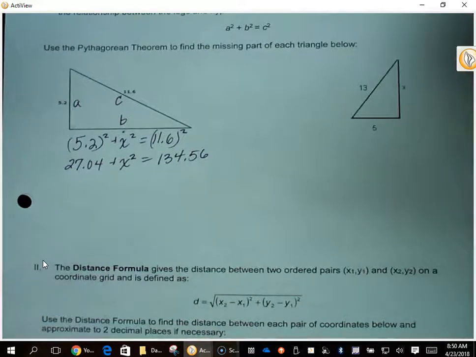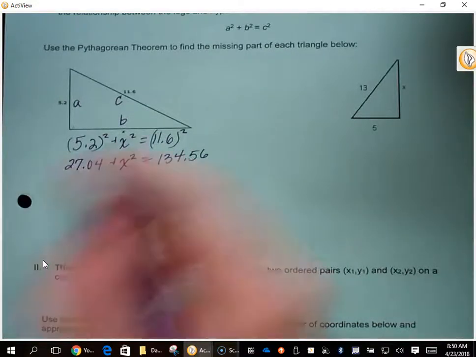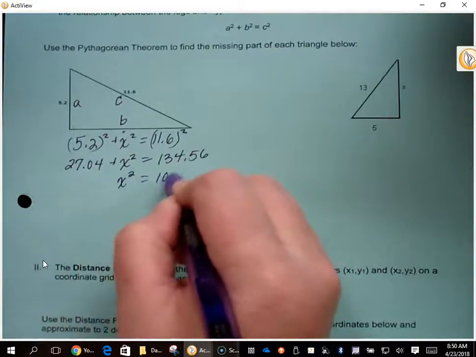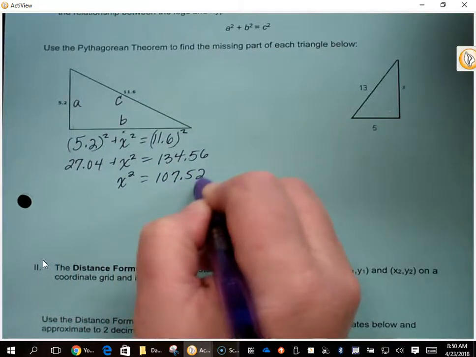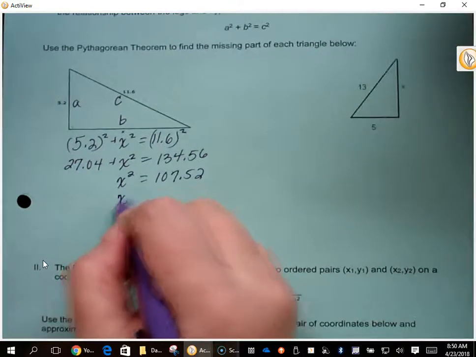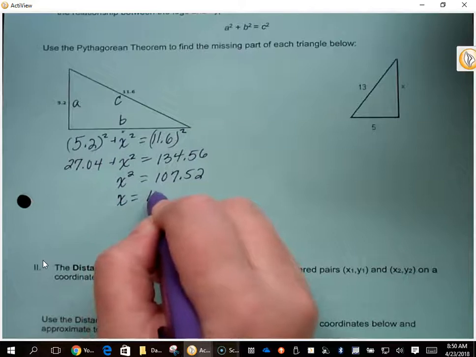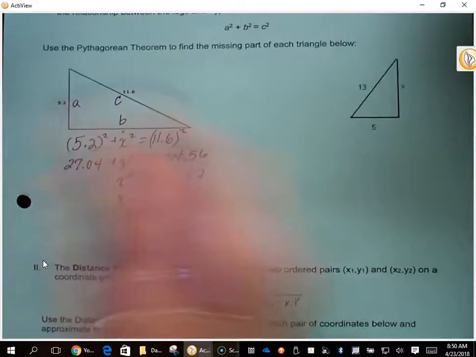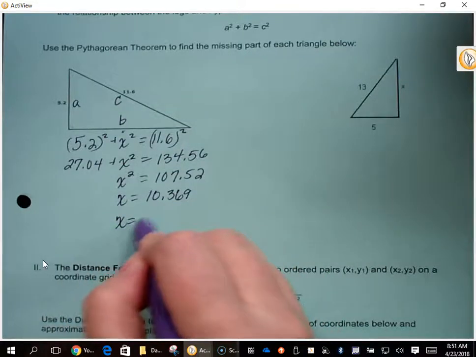So I'm going to subtract 27.04 from 134.56. So x squared is 107.52. And I'm going to take the square root of that. So x is 10.369. So since everything was tenths, I'm going to leave it as tenths.